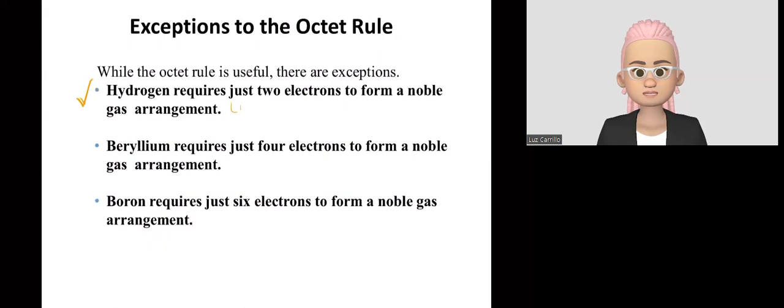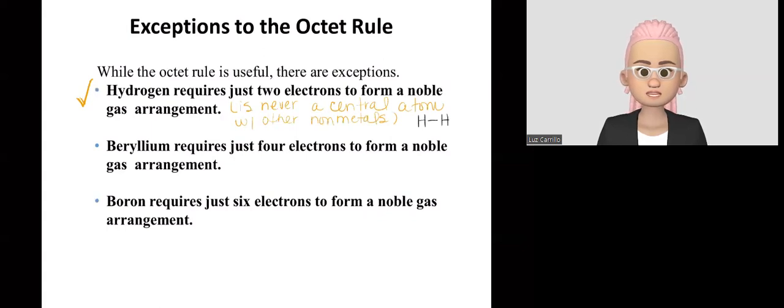And hydrogen is never a central atom with other nonmetals. The only time that, quote unquote, we see hydrogen as a central atom is if you're looking at the Lewis structure of H2, which is hydrogen sharing 2 electrons with another hydrogen.